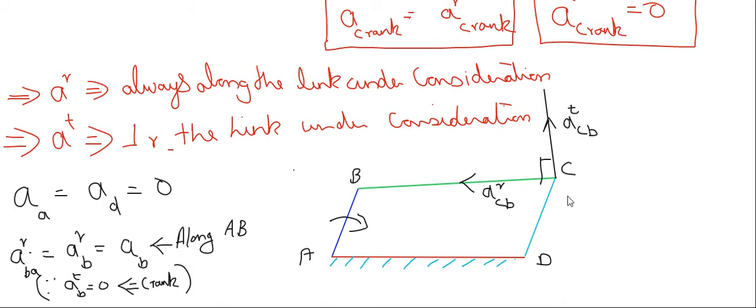Similarly, there will be another one along CD that we call ACD, or we can call it AC because D is stationary, so we don't need to write D, because there is a standard way of avoiding the stationary points in relative acceleration and relative velocity.